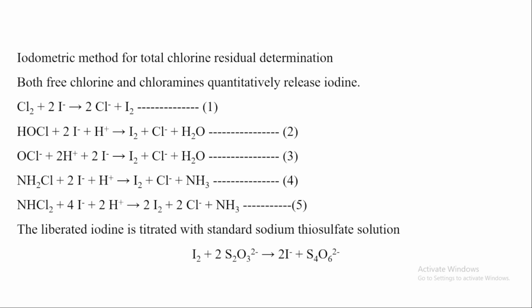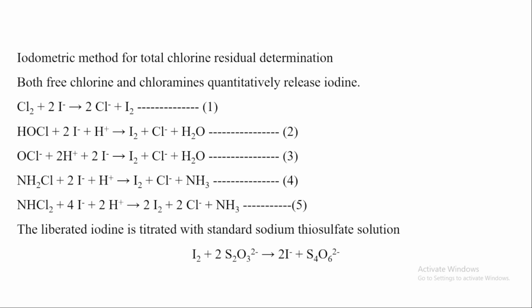So, when all these 5 reactions are happening, I2 is liberated and that I2 is reacting with the sodium thiosulfate that is added as the titrant. Once all the sodium thiosulfate is consumed, any amount of I2 that is liberated after that will react with the starch.